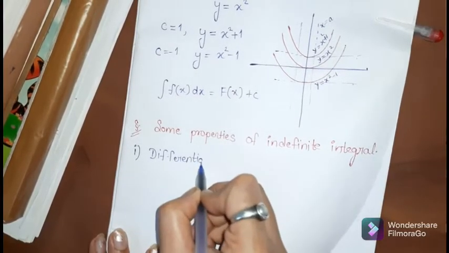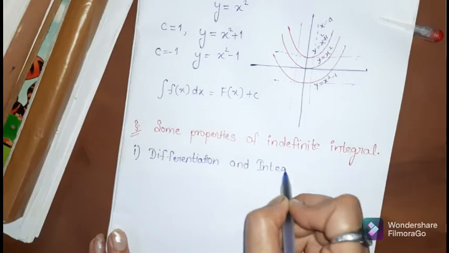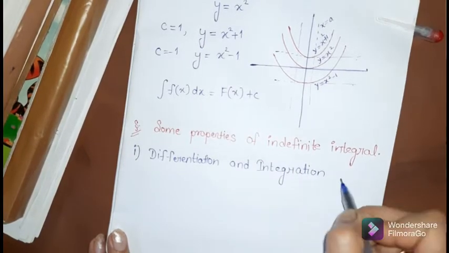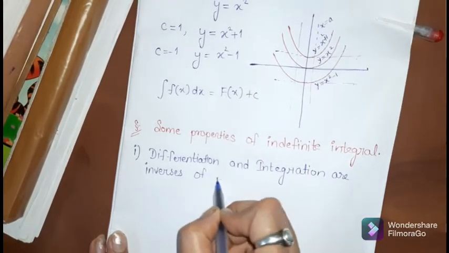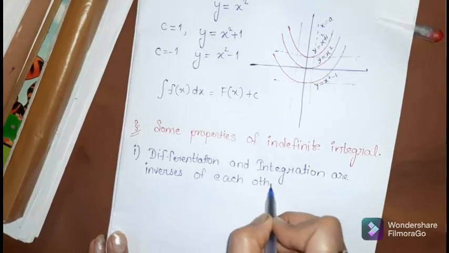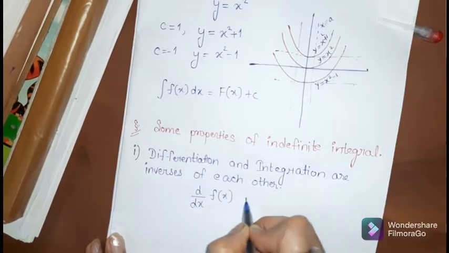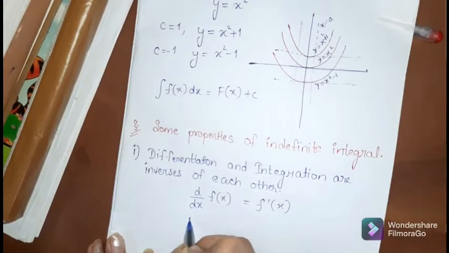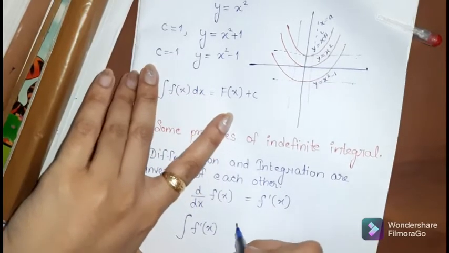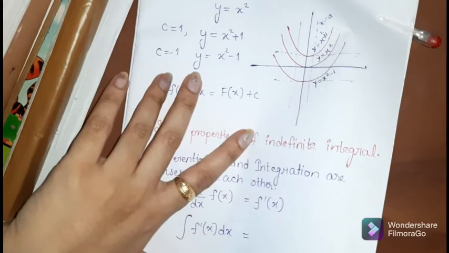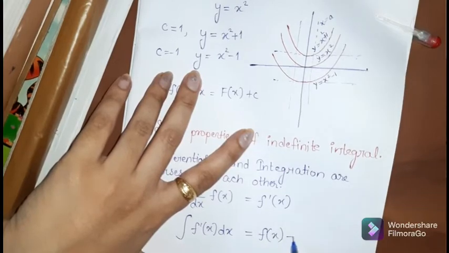It means if you have d dx of f of x equals f dash of x, then the integral of f dash of x dx equals f of x plus c.